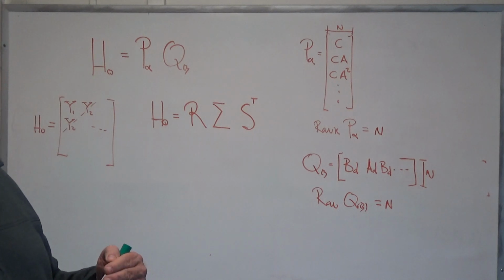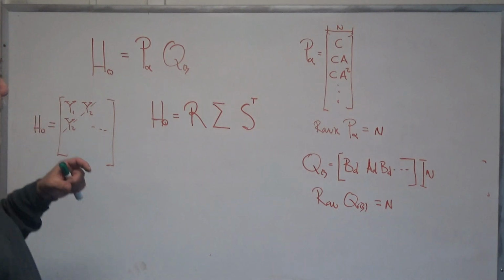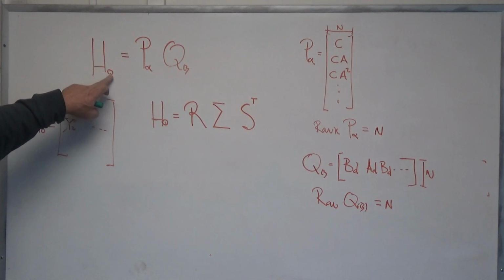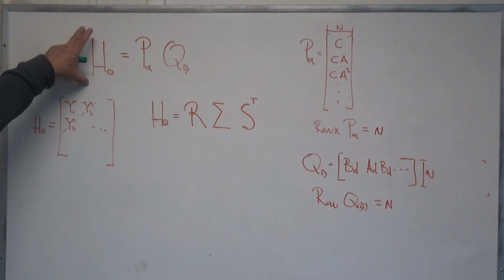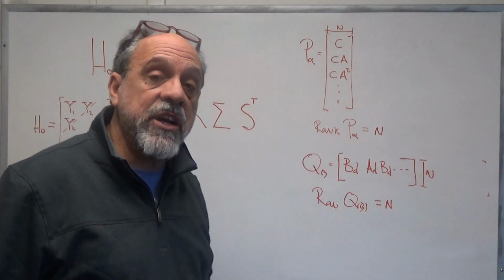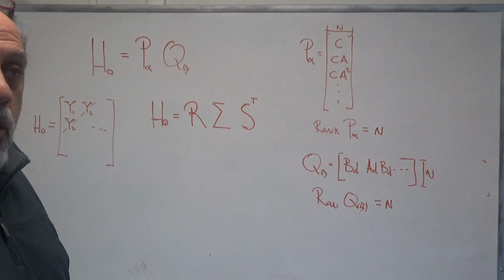Next, using the Markov parameters, we have formed a Hankel matrix we've called H0, and we now can find, by simply looking at the rank of H0, the order of the system that generated that data. Okay?